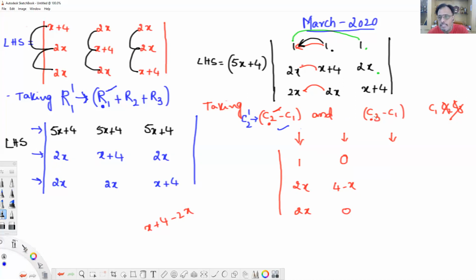Second, do C3 minus C1 and enter the result in C3. So C3 will definitely be new. The new C3 will be formed by taking C3 minus C1. Here you see C3 minus C1: 1 minus 1, 0. 2x minus 2x, 0. x plus 4 minus 2x is equal to 4 minus x.